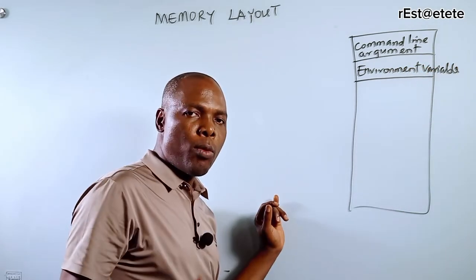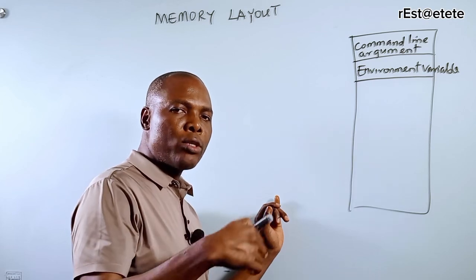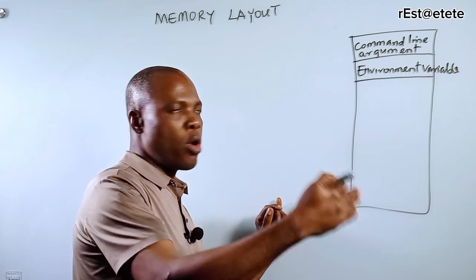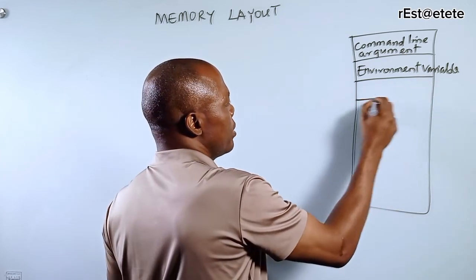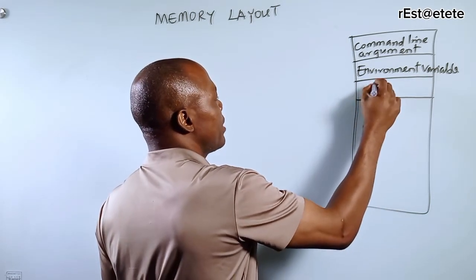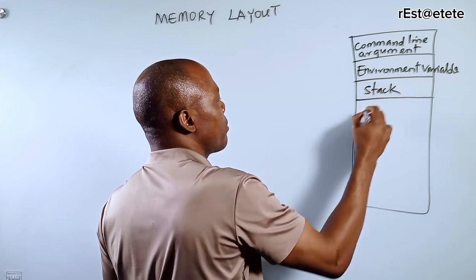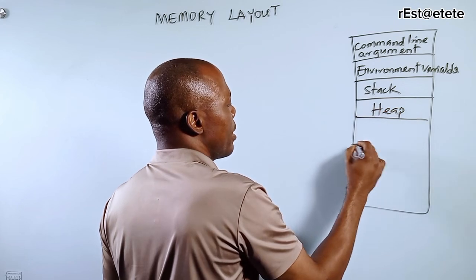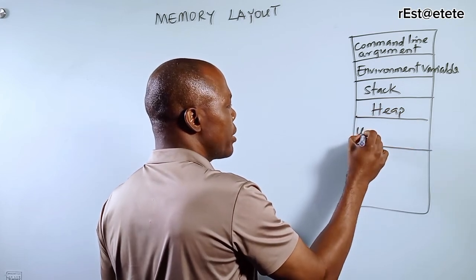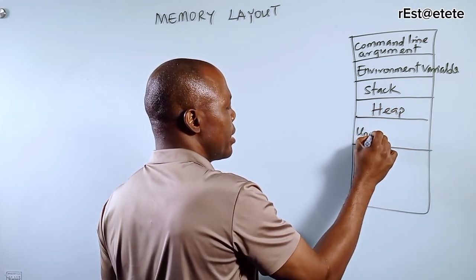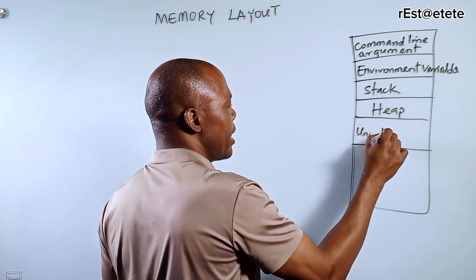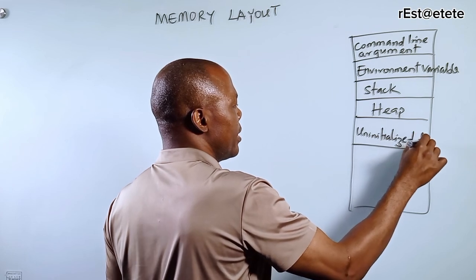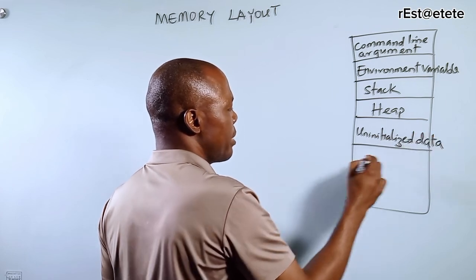You know, faith without work is dead, but that work has to take place on the platform. So that is what you call environment. Then we have the stack, we have the heap. Here we have the uninitialized data segment.